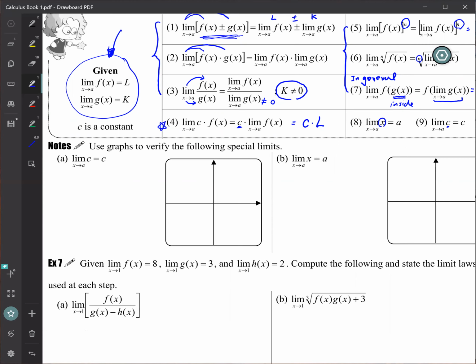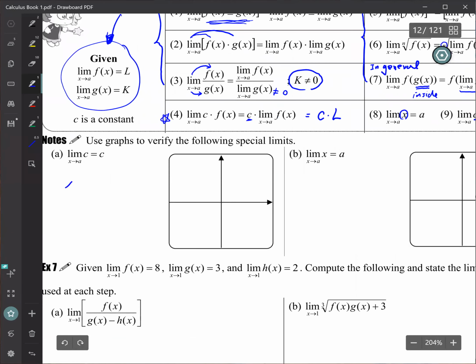Here we can use an example. For example, I want to find the limit as x approaches 1 of a function that is a constant. Let's look at the graph. This is our function, f of x equals 7. What does this graph look like? Emily?